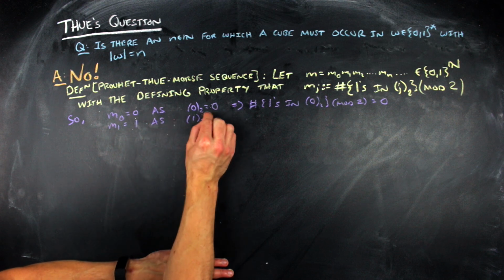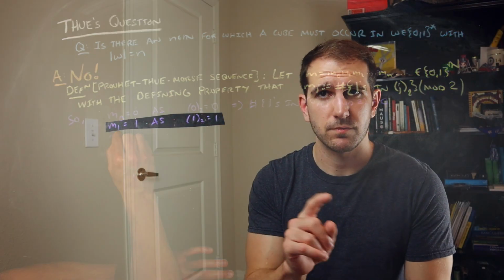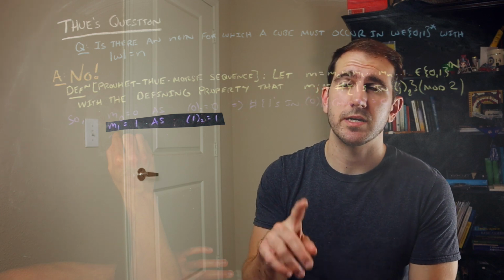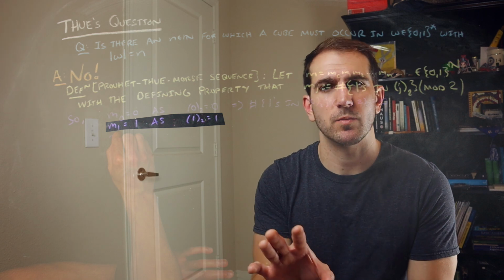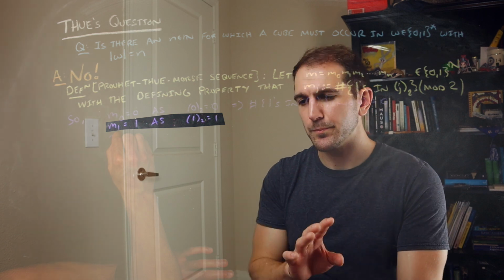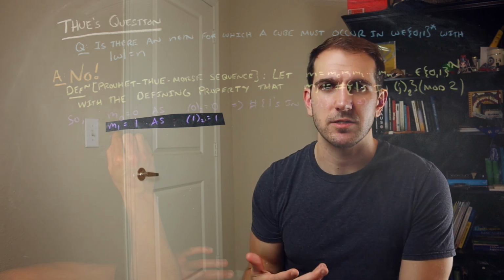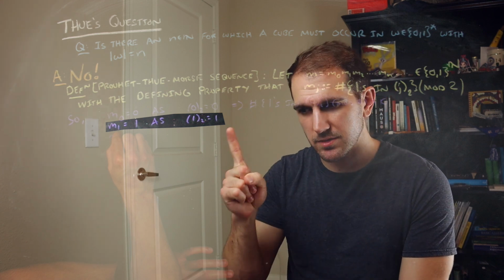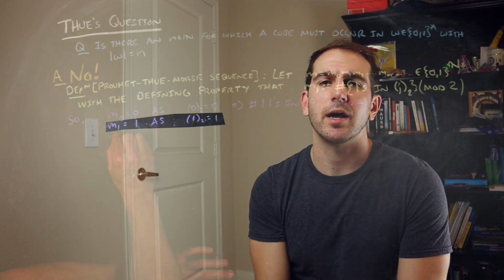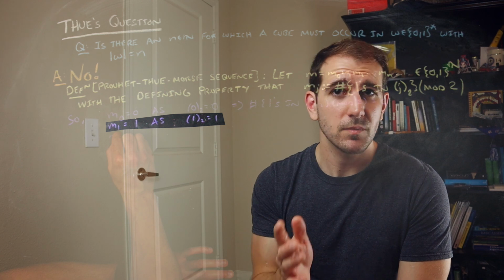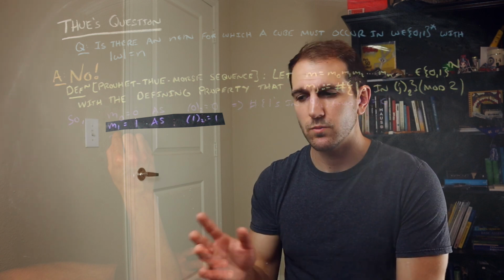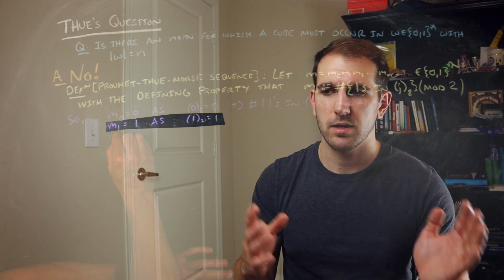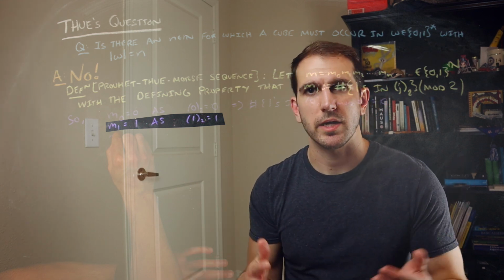For the M1 term, or the second, but it's first because of 0 indexing, it's important that we're 0 indexing here. It makes the arguments a lot smoother. I'm usually anti-0 indexing, but in this particular case, it is helpful. So the first term is just 1, because the binary expansion of 1 is 1, the number of ones is 1, mod 2 that's 1.